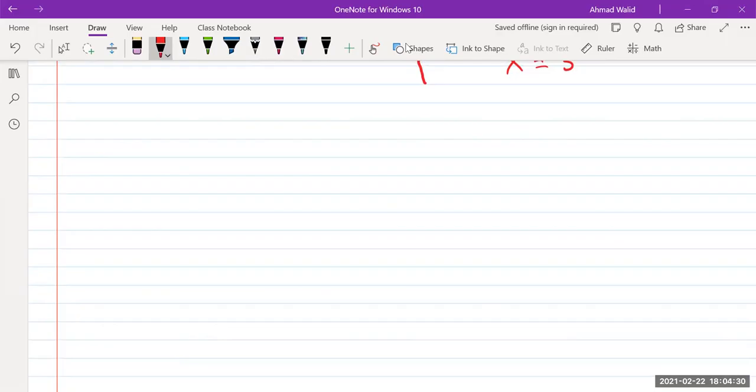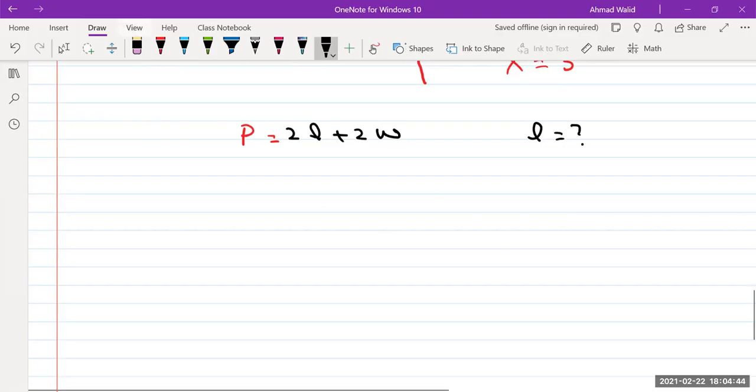I'll do a different example for you. Look at this. The perimeter of a rectangle, P equals 2L plus 2W. If someone asks you to solve this formula for L, what will you do?